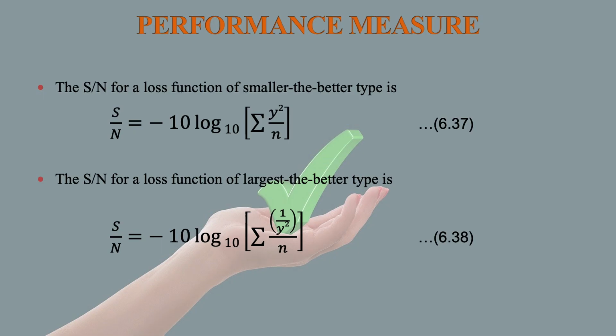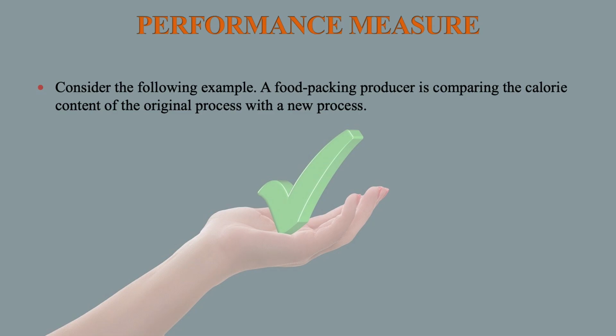The signal to noise ratio for a loss function of larger the better type is S by N, that is equal to minus 10 log 10 sigma 1 by y square divided by n. So these 3 equations we can take for the smaller the better, larger the better, and nominal the better.